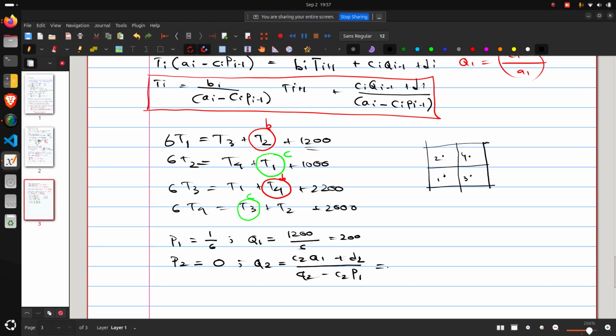Okay, so here C2 is 1 and Q1 is 200, plus what about D2?